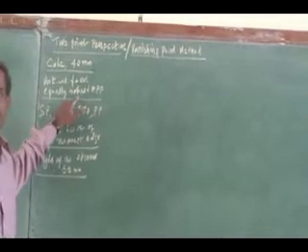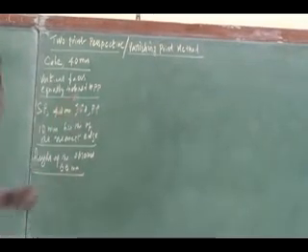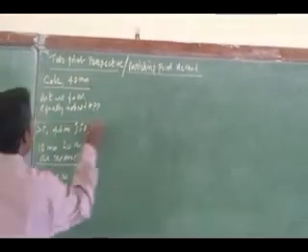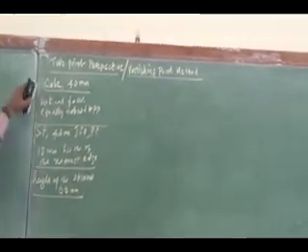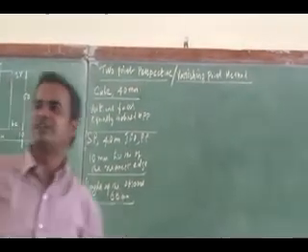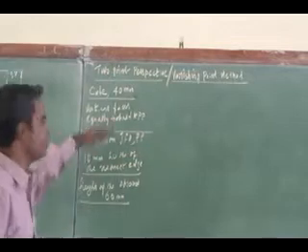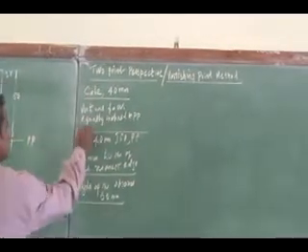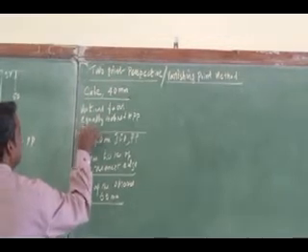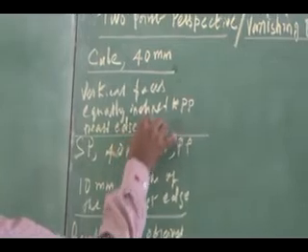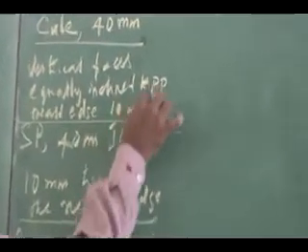One more thing is missing, so you add it here: the nearest vertical edge is 10 mm behind the picture plane.